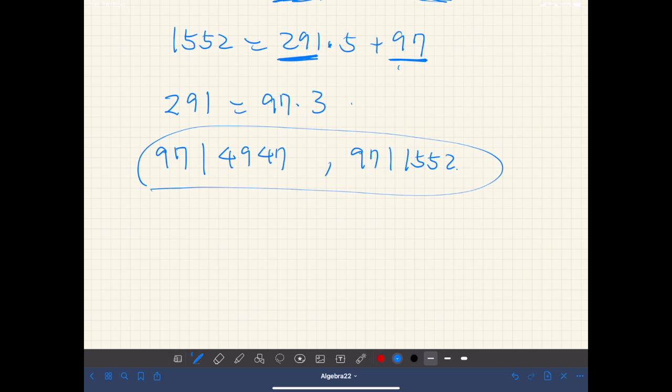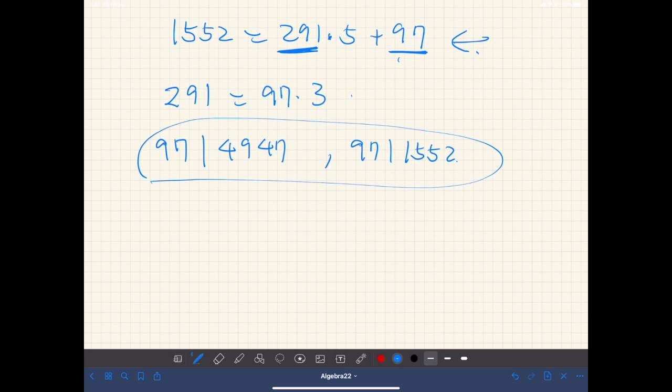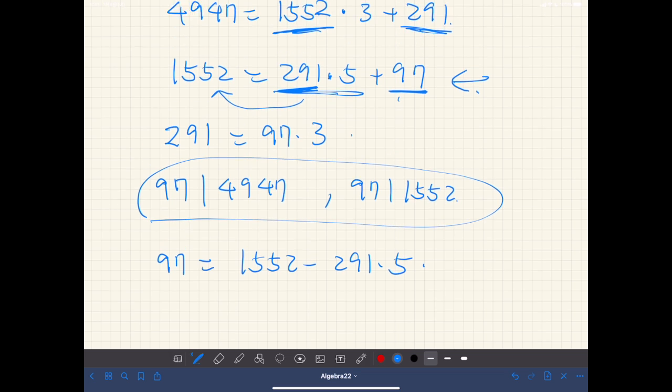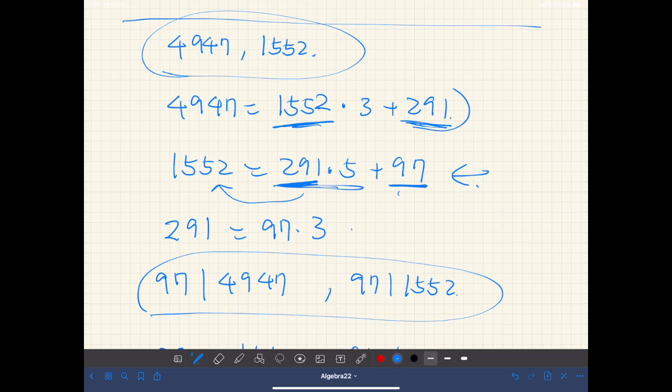Then let's see. From this equation, moving this one to the left, we have 97 is equal to 1552 minus 291 times 5. Now this 291 is found as the remainder in the first equation.